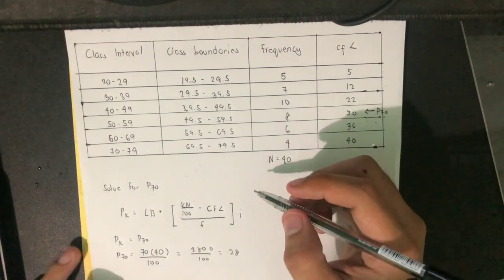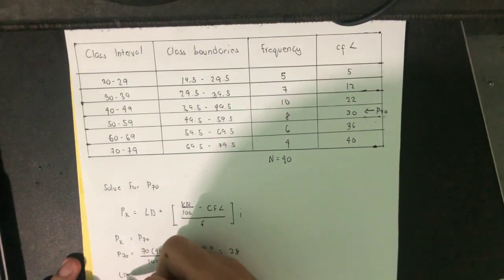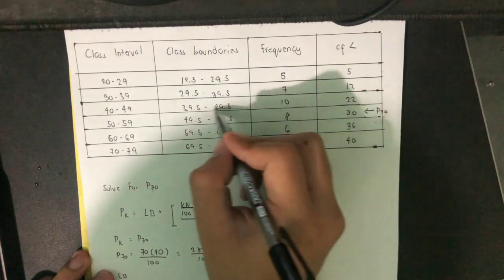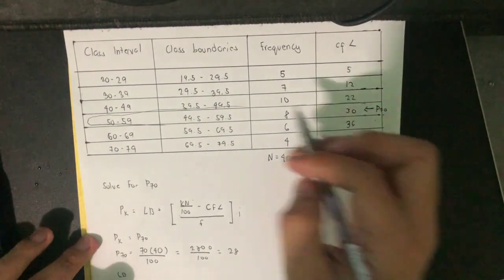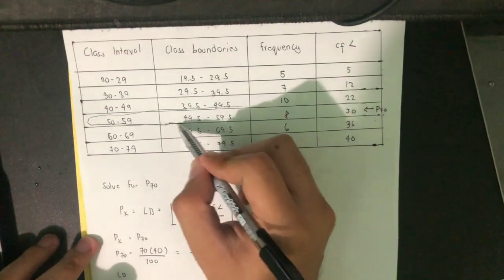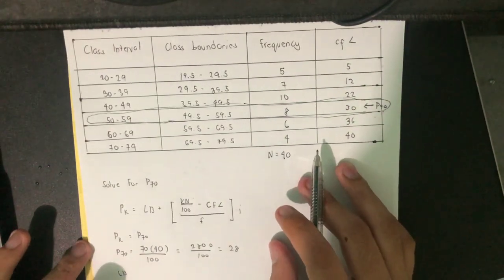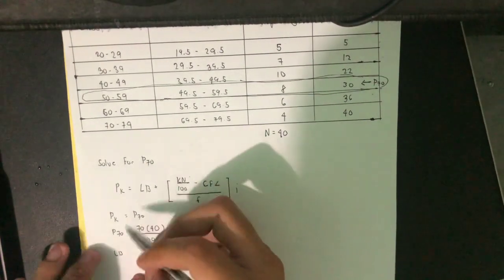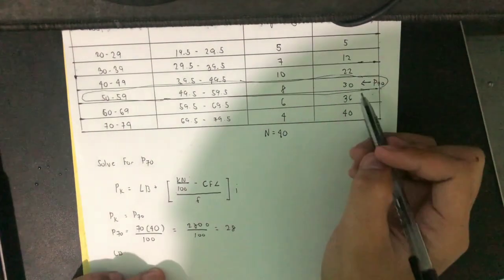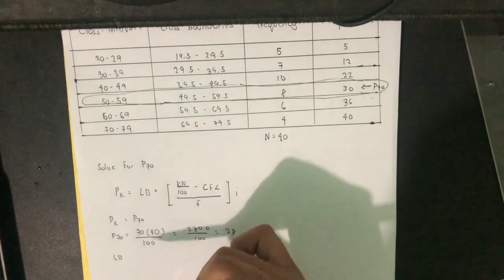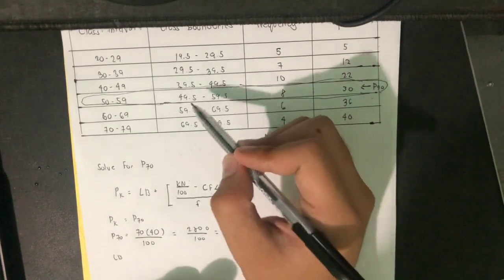Now we will find the lower boundary. If we can get the row, we can now find the other values in solving for P70. The lower boundary will be found in the class boundary. So the lower boundary is 49.5.